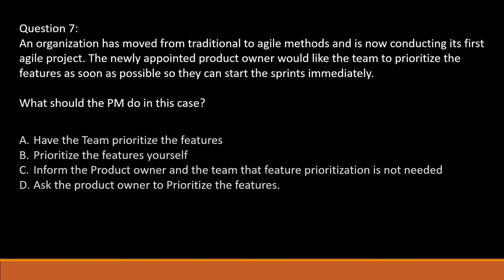The options are A. Have the team prioritize the features. Option B. Do it yourself. Option C. Inform the product owner and the team that feature prioritization is not needed. Option D. Ask the product owner to do prioritization by himself.